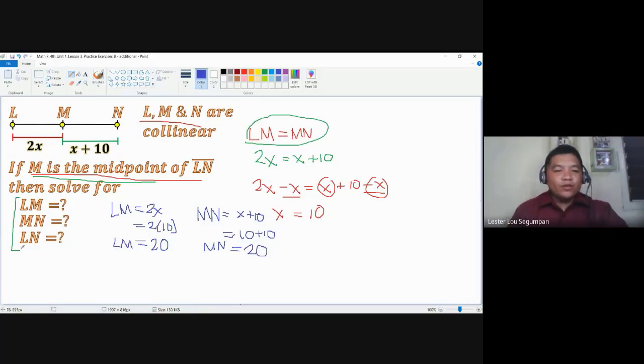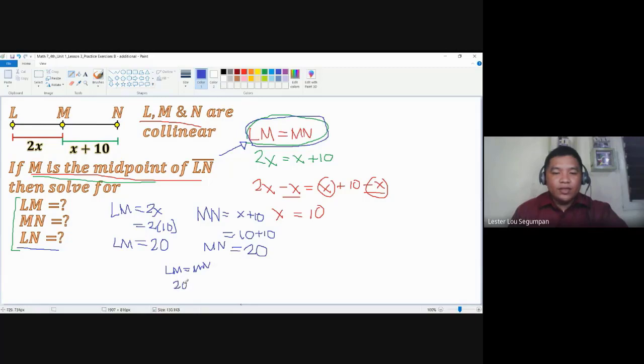Before we solve for the measurement of the longest line segment, let us see if the results will satisfy this equation following the value for x. Again, this equation is taken from the midpoint between points theorem. So let's determine if LM is really equal to MN. Is LM equal to MN?